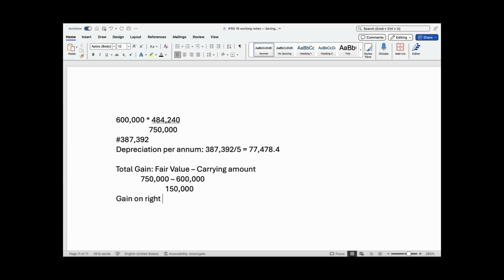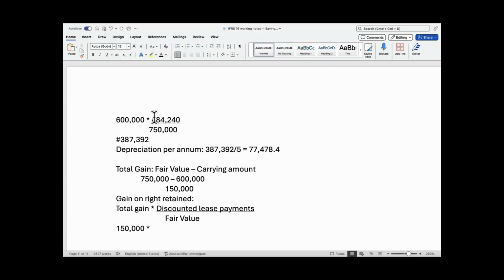Then I will derive my gain on rights retained, which is the total gain times discounted lease payments all upon fair value. The total gain is 150,000.